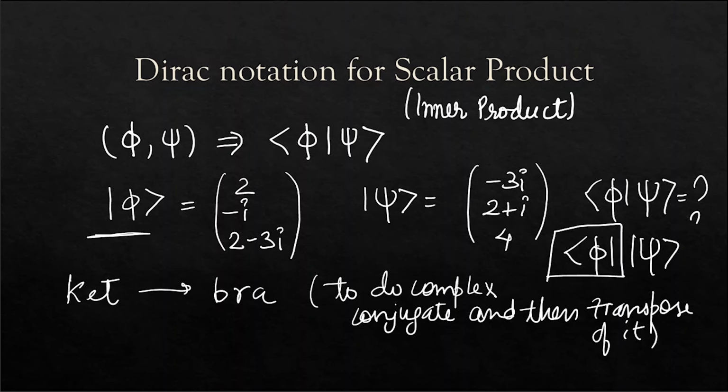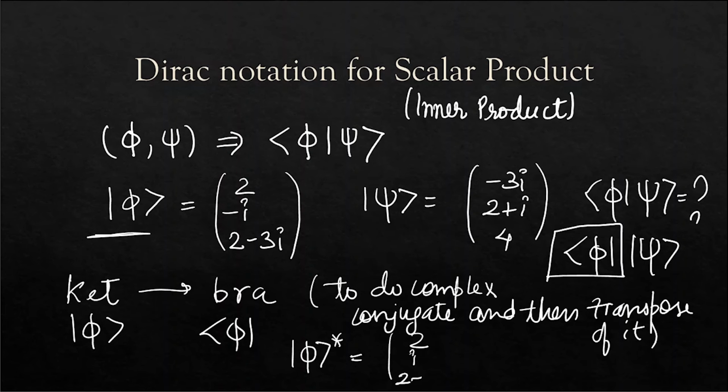First of all, I have phi ket. I have to reach the bra of phi. So we first have to do the complex conjugate. This is the complex conjugate: negative goes to positive, so 2 plus iota. Then I have to do the transpose.